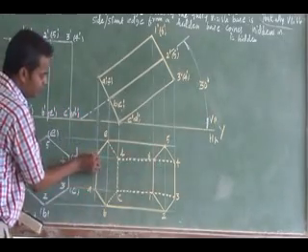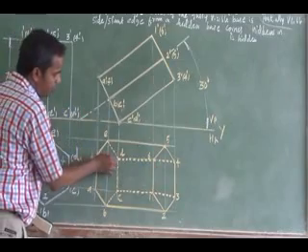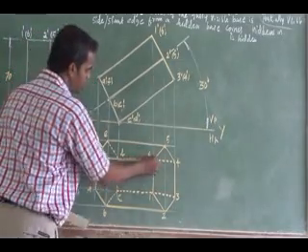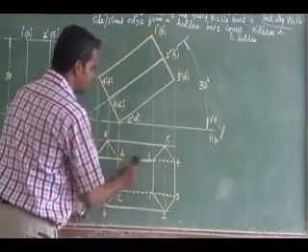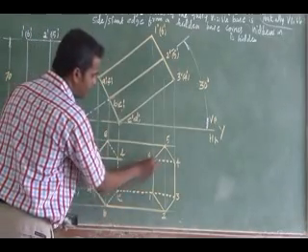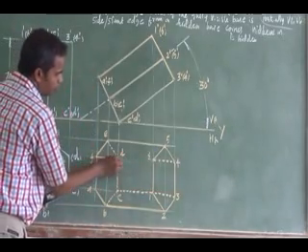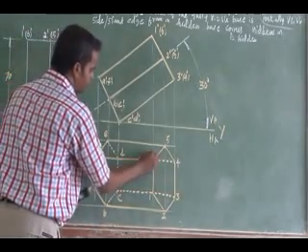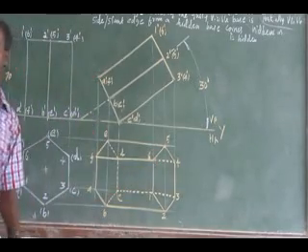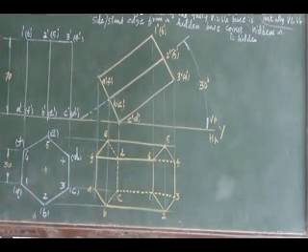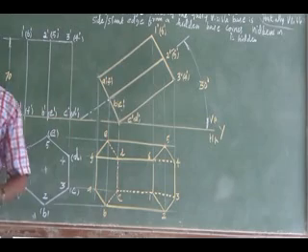You see here, F6 I have to join as a continuous one. I already have a hidden portion there, that will be overlapped, so the visible one will be shown in your view. If hidden and visible edges overlap, the visible edge will be shown.